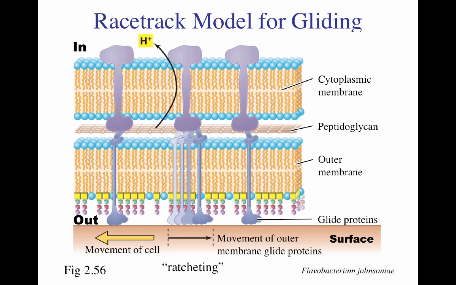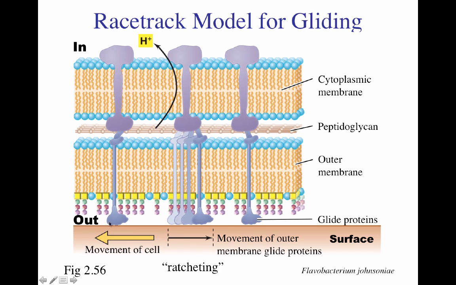In the racetrack model, here you have a gram-negative microorganism. They have proteins that allow them to attach themselves to the surface. Through the movement of protons, proteins in the plasma membrane power the ratcheting of the proteins at the surface.